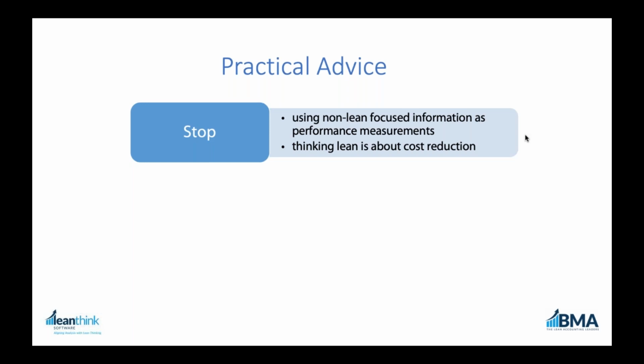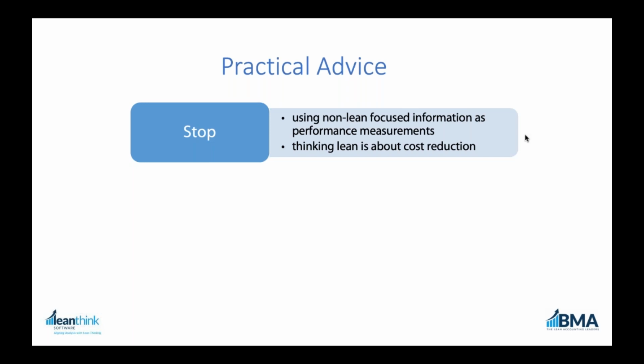Now, companies have a lot of measurements, and when you begin the lean transformation, the information needs change, and a lot of your current measurements may not work in a lean environment. And don't try to fit what I call the square peg in the round hole. The round hole is your lean transformation. The square peg is a non-lean measure. Don't try to make it work.